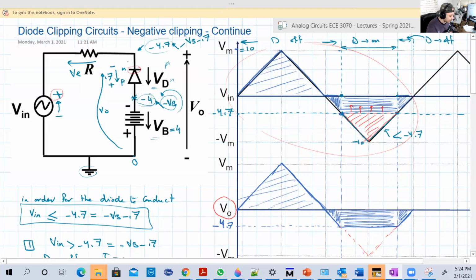So now we will call it the input maximum: the maximum voltage at which the input can still turn the diode on. If you increase beyond the input maximum, the diode will be off. If you go below the input maximum, it will be on.